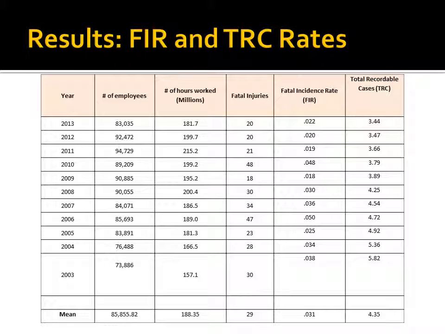As you can see, the FIR directly reflects the number of fatal injuries per year, meaning that if one increases, the other increases as well. If one decreases, the other decreases as well. Whereas the TRC rate remains rather consistent as a constant trend spanning from 2003 to 2013, decreasing from 5.82 to 3.44, which again indicates that we have a decrease in overall injuries for the coal mining industry.